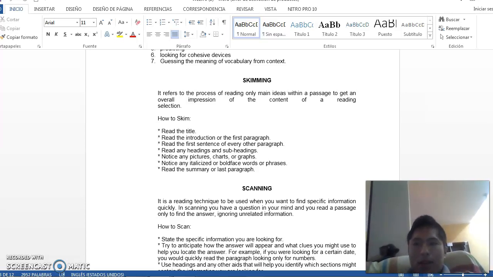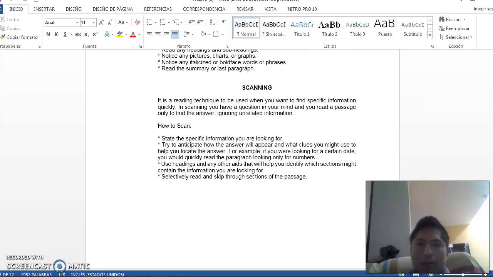The second one here is scanning. It's a reading technique to be used when you want to find specific information quickly. In scanning, you have a question in your mind and you read a passage only to find the answer, ignoring unrelated information. Yes, many times we did it. I'm very sure about it.